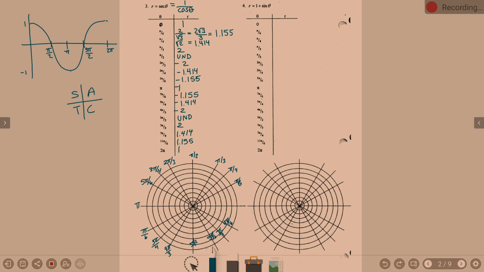Kind of like what we did last time. So the first one is 0.2, 0.4, 0.6, 0.8. That's going to be 1, 1.2, 1.4, 1.6, 1.8. The invisible ring is 2.